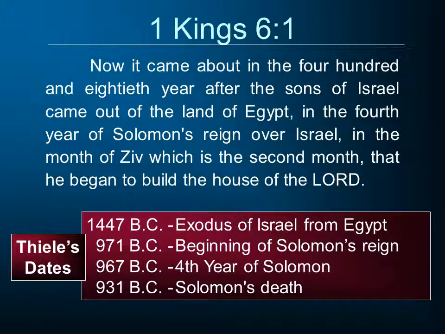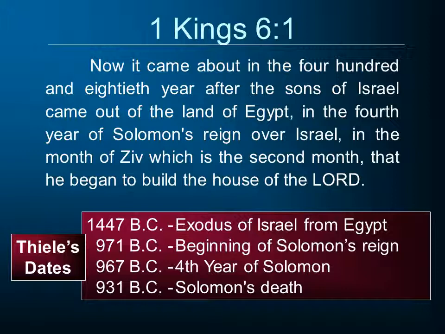Well, chapter 6 verse 1 says, it came about in the 480th year after the sons of Israel came out of the land of Egypt, in the 4th year of Solomon's reign over Israel, in the month of Ziv, which is in the 2nd month, that he began to build the house of the Lord. So I'm using Thiel's dates here. I won't always be consistent, but they're pretty close, if not exactly right.